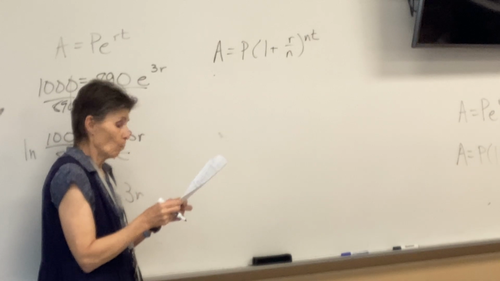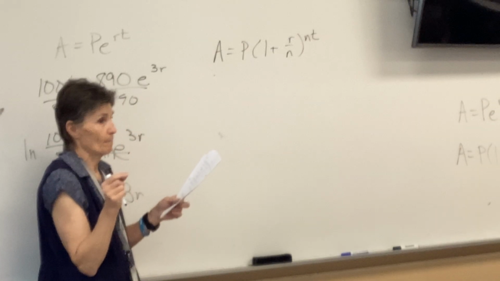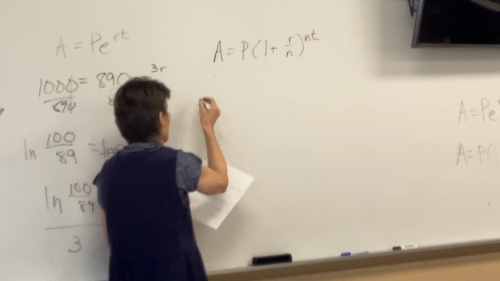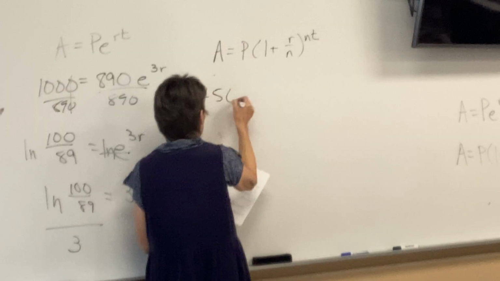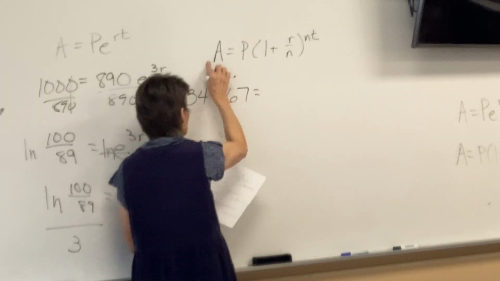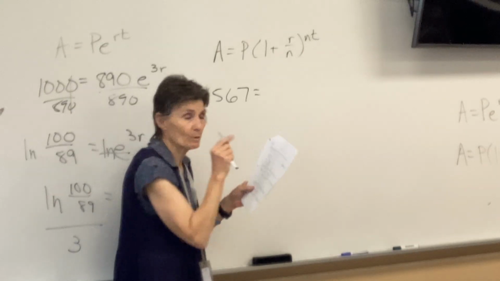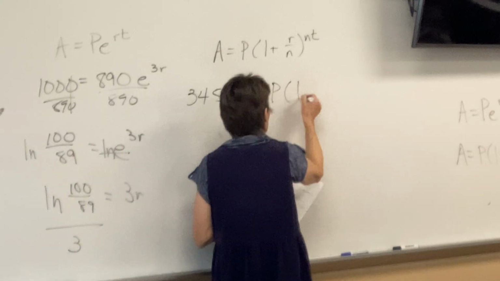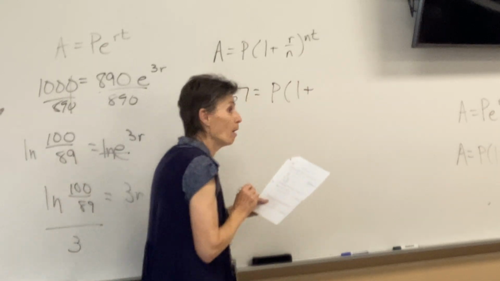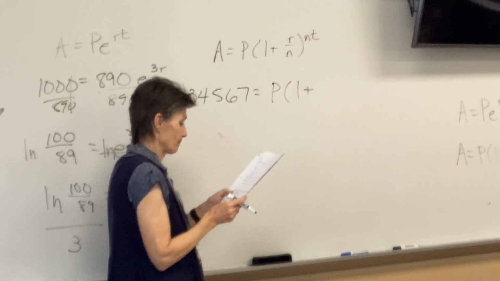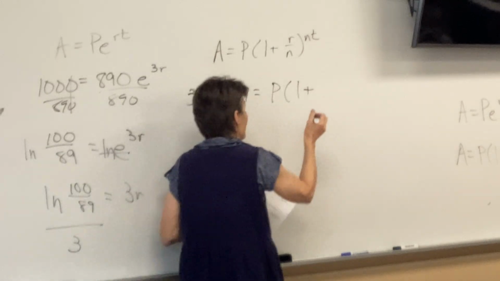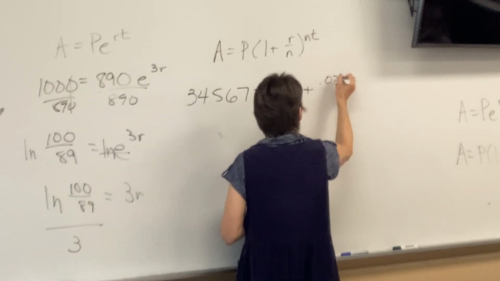Now, where does the 34,567 number go? That's what I'm ending with. What is P? We don't know yet. What is R? 0.035.